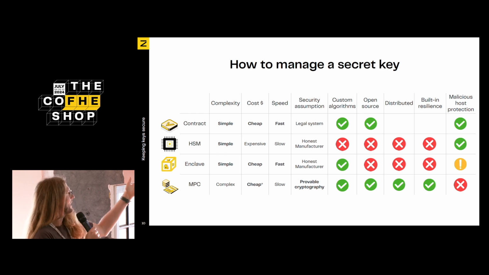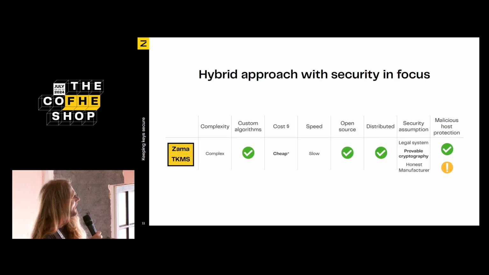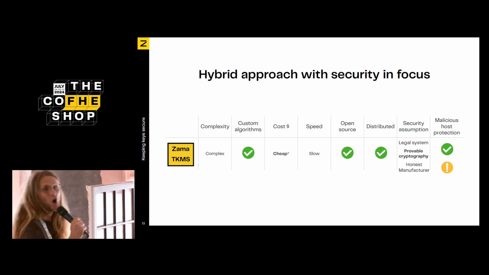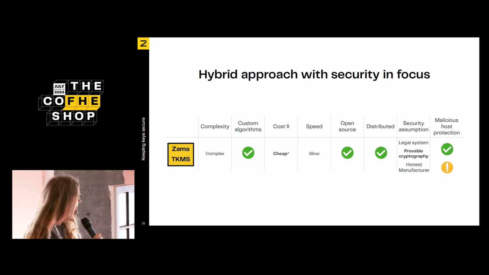However, unlike HSMs and enclaves, the share is right there, at least in the basic implementation. So you could take it, you could misuse it, you could sell it. So these are the typical approaches. What we are trying to do with the Zama TKMS is, of course, to get the best of all the worlds, or at least the best of all the worlds when it comes to focusing on security.